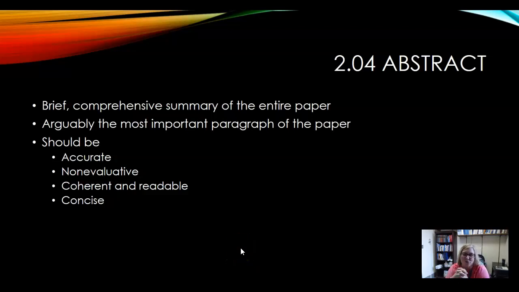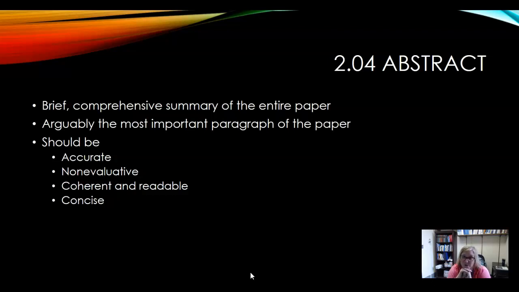2.04 is the abstract. The abstract is a brief, comprehensive summary of the entire paper. So you're going to give information about your research question, your participants, your setting, your results, and a little bit about what you're going to discuss at the end of the paper in a paragraph.